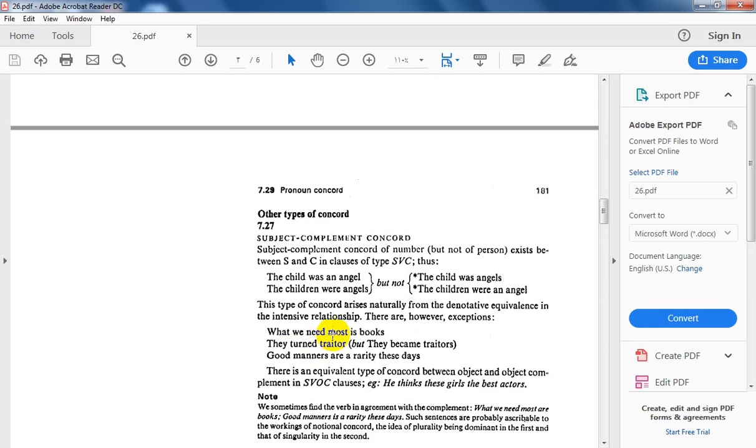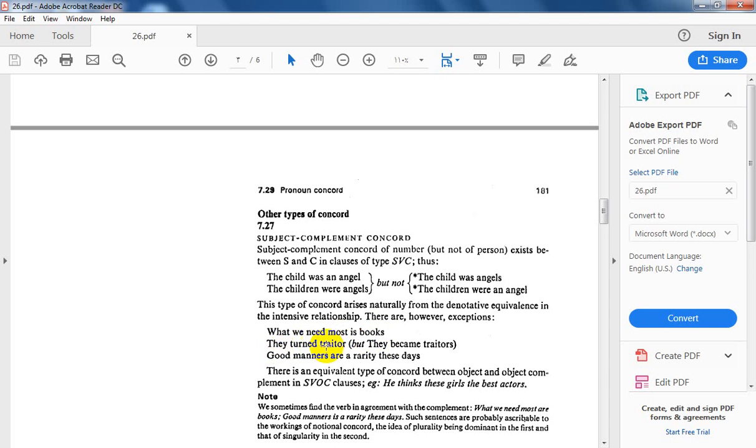Why exception? We say if the subject is singular, the complement is singular too; if the subject is plural, the complement is plural too. But in what we need most, the subject should be singular, but its complement is plural.